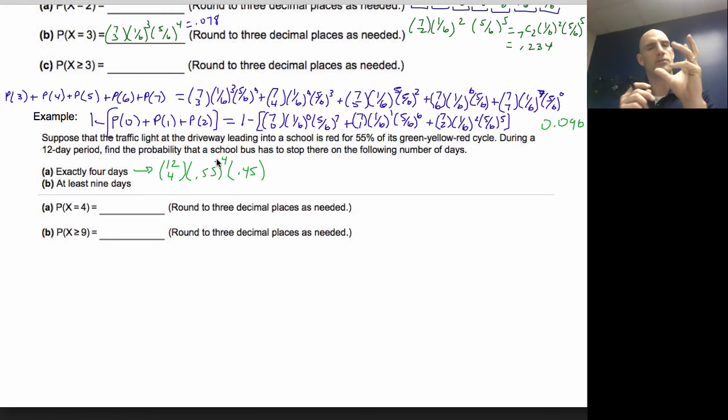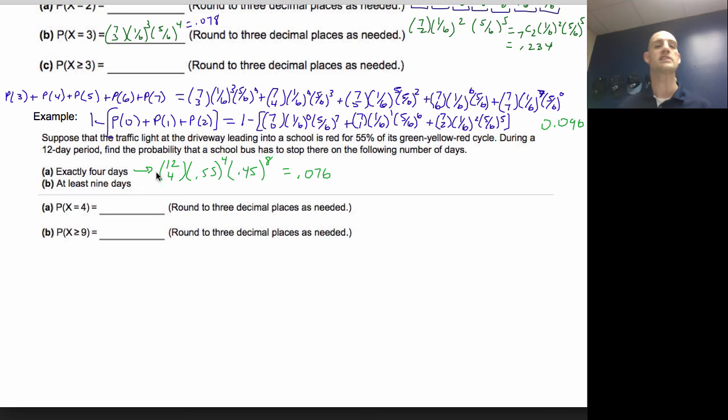Does that make sense? So 0.55 is the probability that it is favorable on that day, that it is red. And then the other 8 days is that it's not red, because we need exactly 4 days. And so when I do this little bit of math here, I get 0.076. Okay, so that's exactly what happens there.